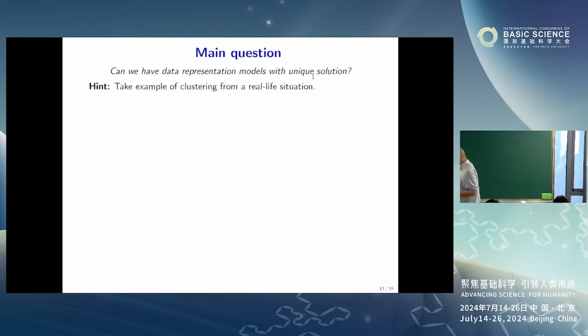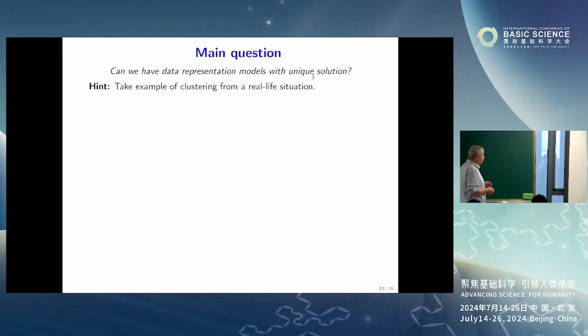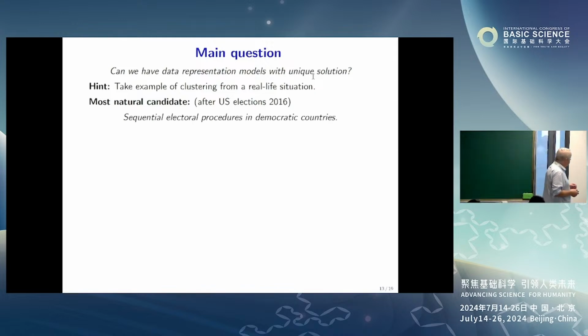This is really good. Our goal, actually, special elections in the United States, main candidate nature in democracy.